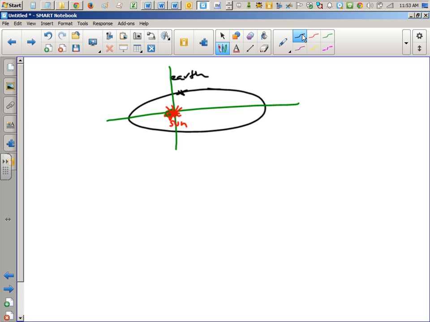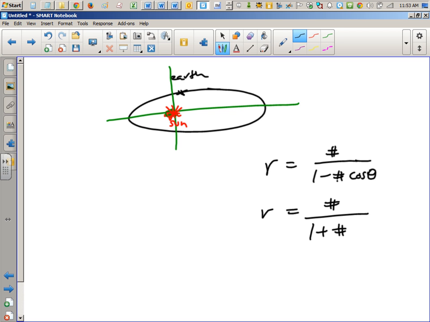And it would have looked like one of the following. Watch. It would have been r equals a number over 1 minus a number times cosine theta. That's not ugly. Or r equals a number over 1 plus a number times cos theta. Or maybe these would be sine thetas.